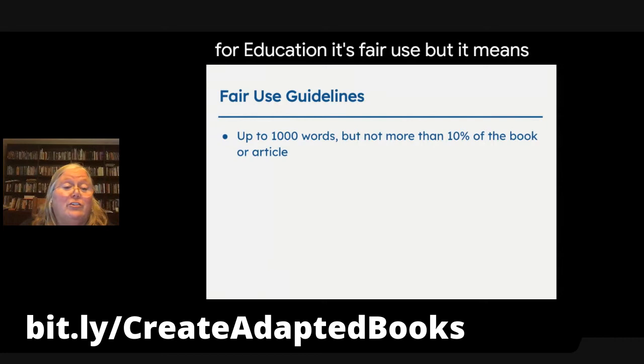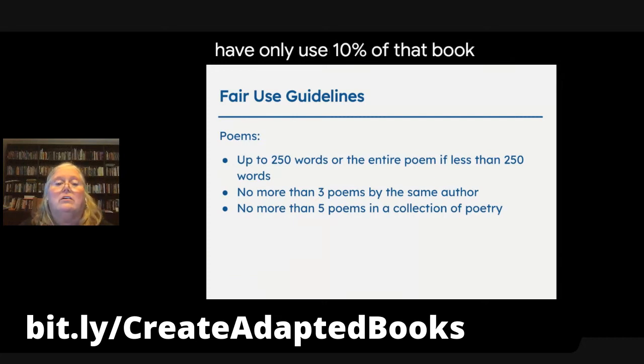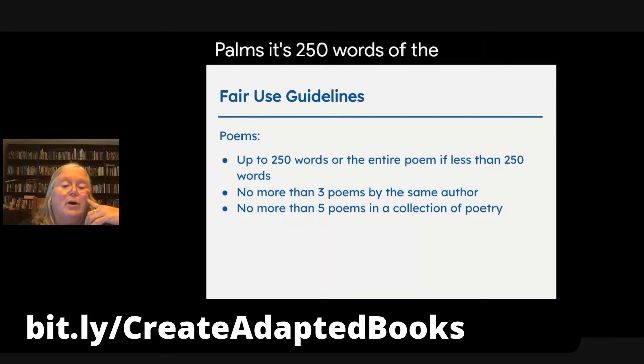But it means we can use 1,000 words or 10% of a book or article. So thinking about Susan Laughs, that means I could have only used 10% of that book. For poems, it's 250 words of the entire poem.